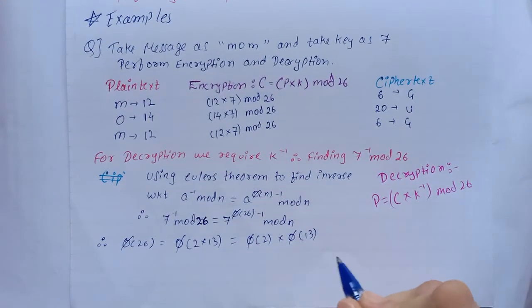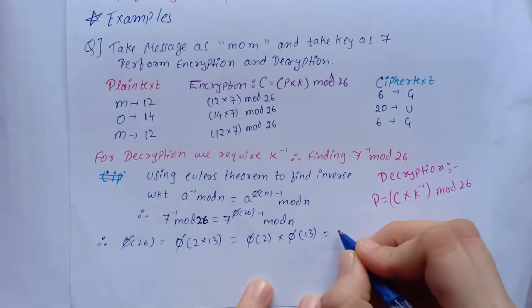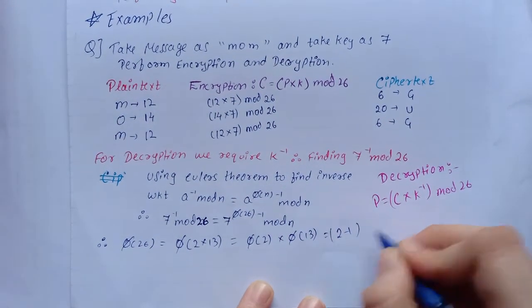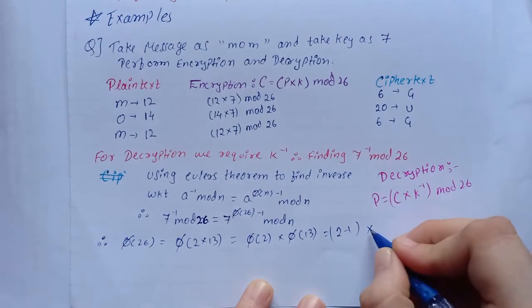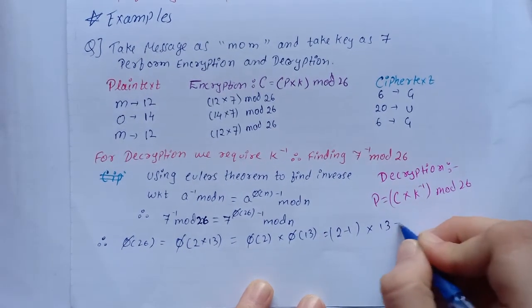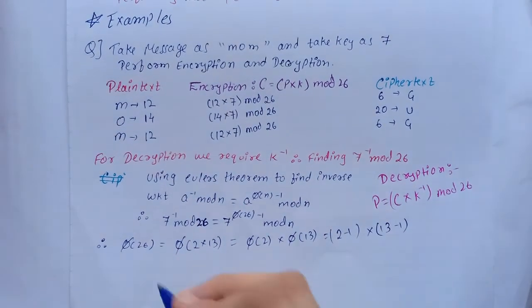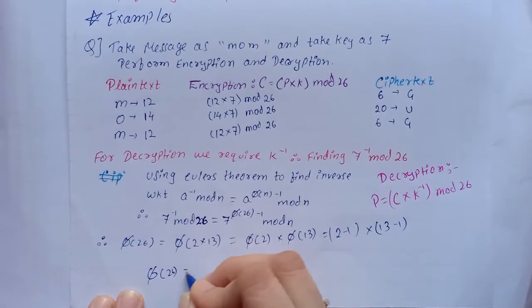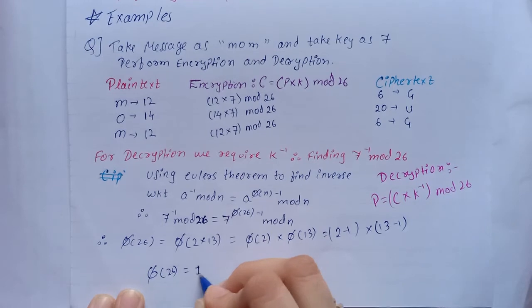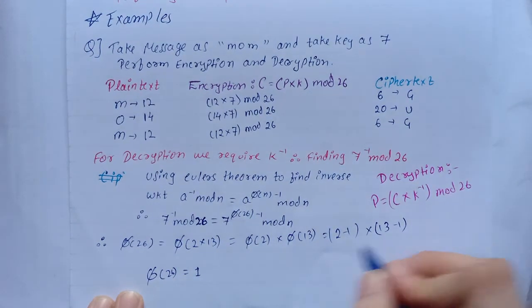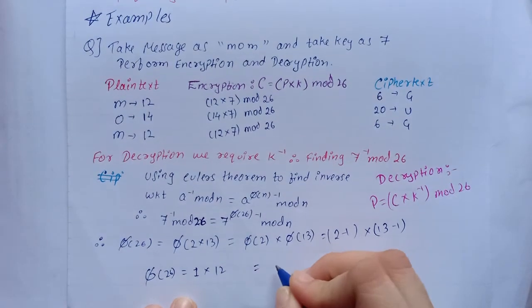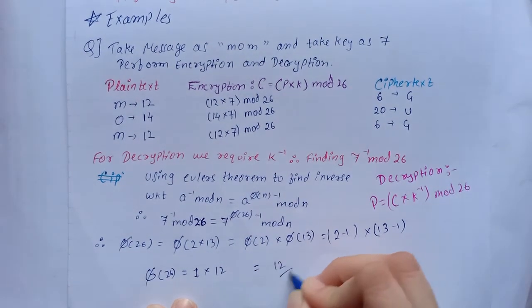Using Euler's totient function, phi of 2 is 2 minus 1 and phi of 13 is 13 minus 1. So phi of 26 is equal to 1 into 12. So phi of 26 is 12.